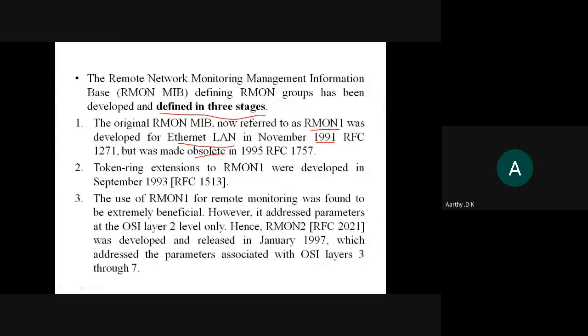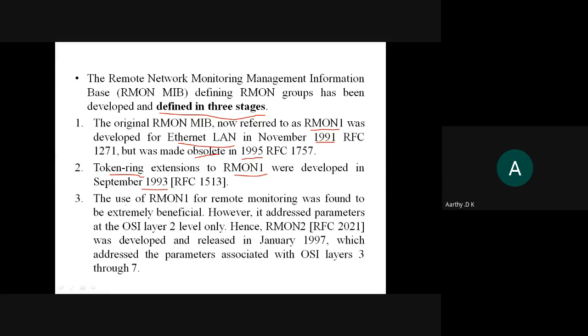So after 1995, it was not used. So we have this token ring, which is an extension for your remote monitoring 1, which was developed in 1993. So first was remote monitoring version 1, then we had the extension for remote monitoring 1.